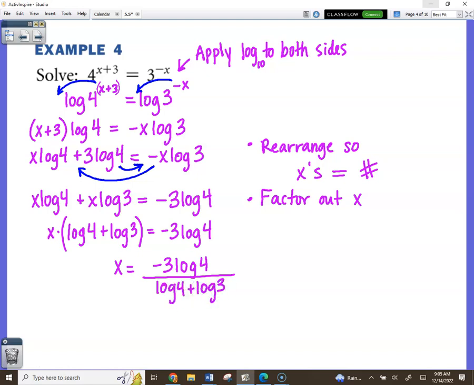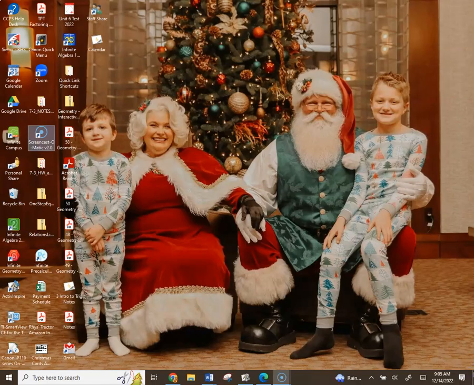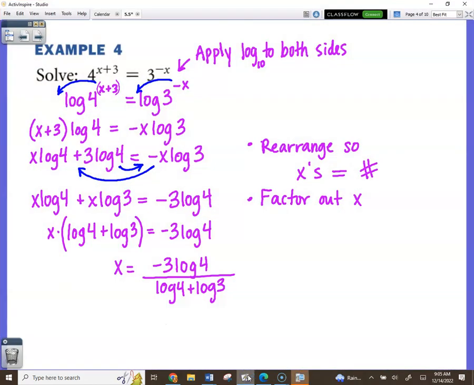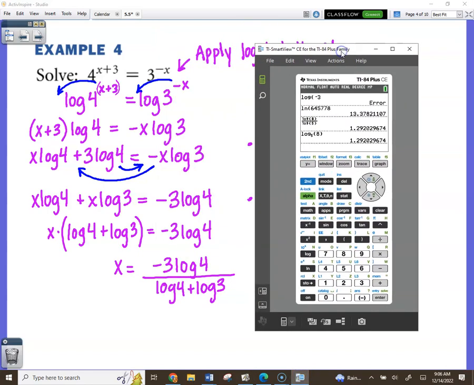Now, when you go to type this in your calculator, I would strongly suggest the calculator shortcut button, which is alpha y equals. I would suggest that one. So, typing it in, do the alpha y equals, you've got, do I hit the log button or do I need to go to the fancy log button?